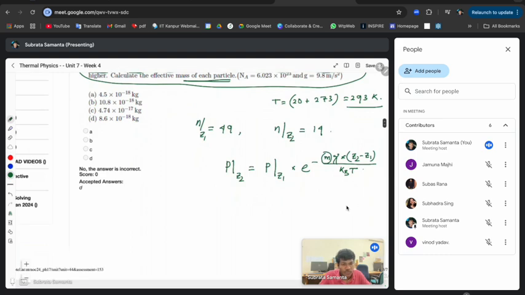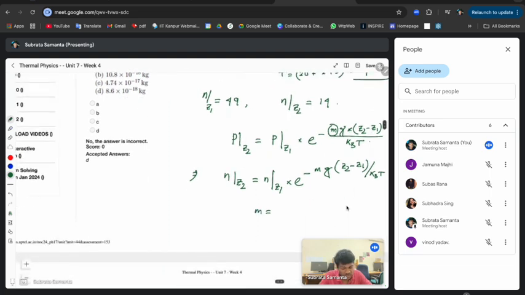Since the pressure is proportional to the number density, the number density also follows the same relation. So n at z2 equals n at z1 times e to the power minus m g (z2 minus z1) divided by kBT. But m is the effective mass of each particle, so we have to calculate the value of m.